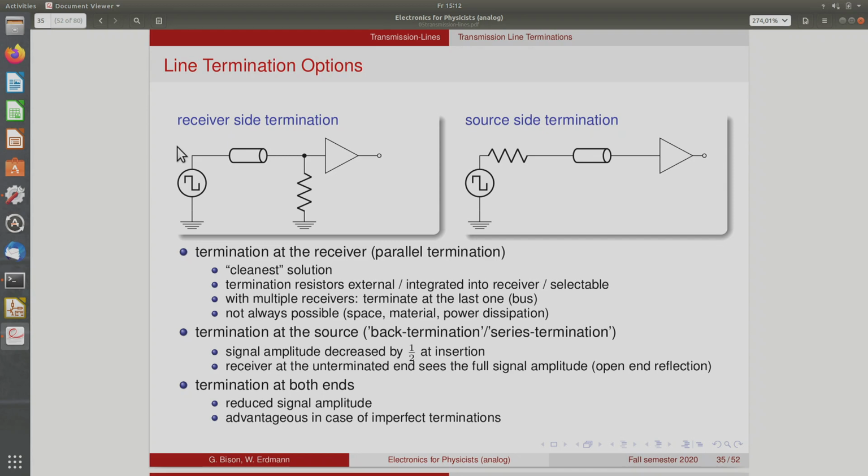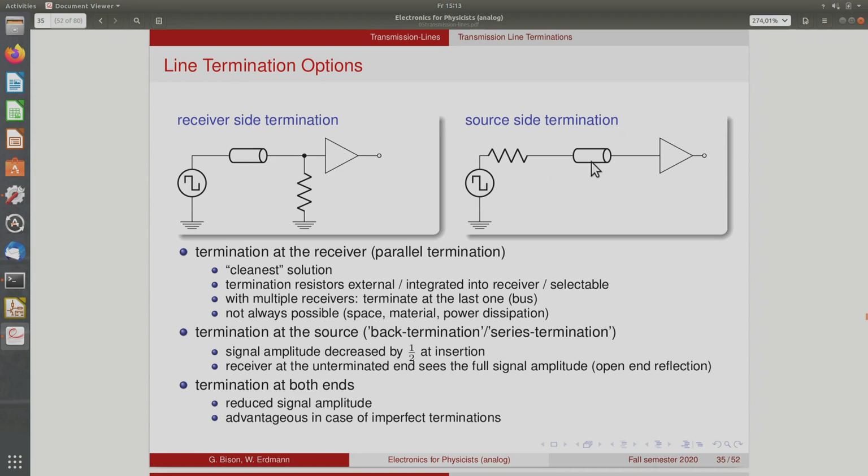So there's an alternative, which is to terminate at the source. So you put a 50 ohm resistor now in series with the signal where you insert your signal. So now what happens is two things happen. First of all, the input amplitude is decreased by a factor 1/2.